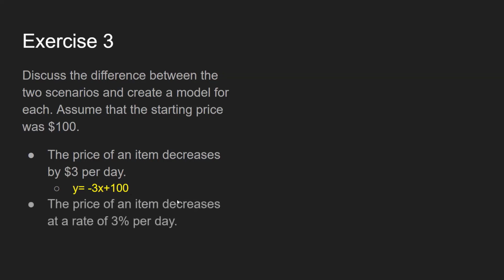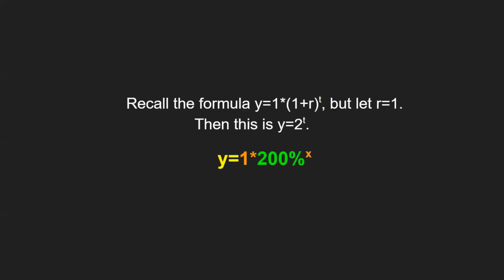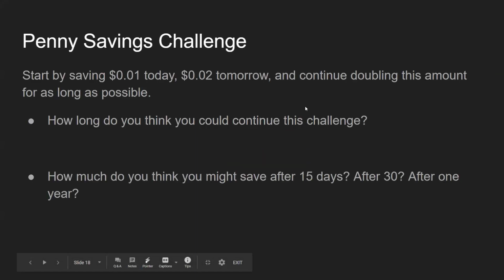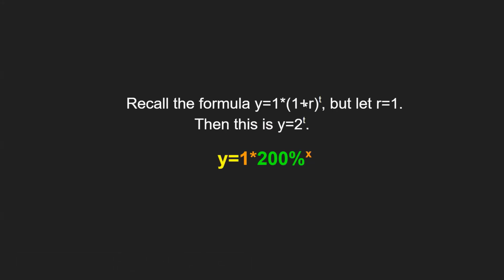If the price of an item decreases by 3% each day, this is exponential decay. So your initial value goes where A went. I'm going to go back to this slide right here, and that's actually what I was trying to tie together. If I decrease by 3% each day, then right here you'll have 1 minus 3%, 100% minus 3%, and that gives you 0.97.